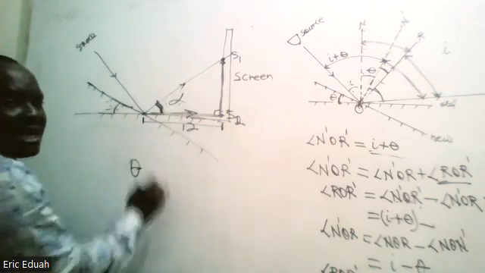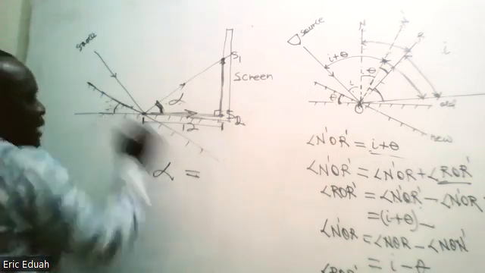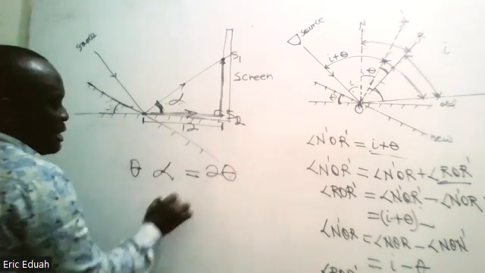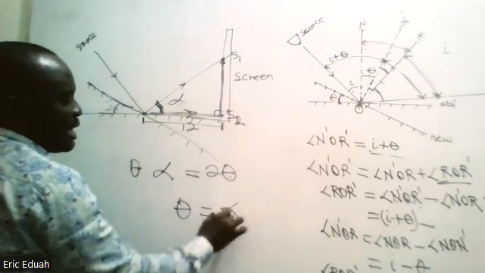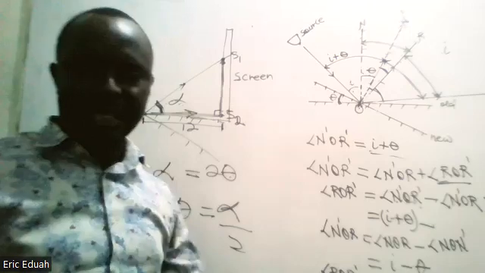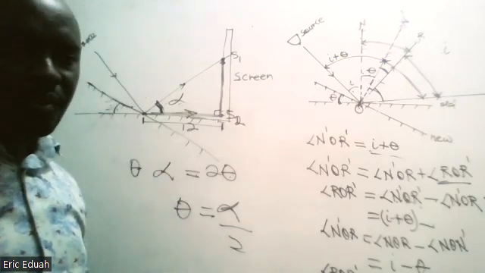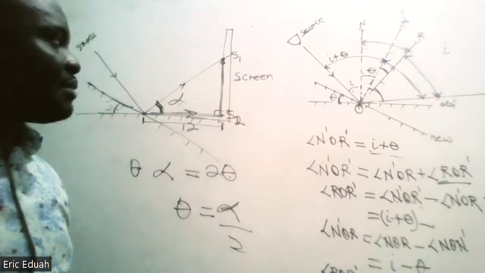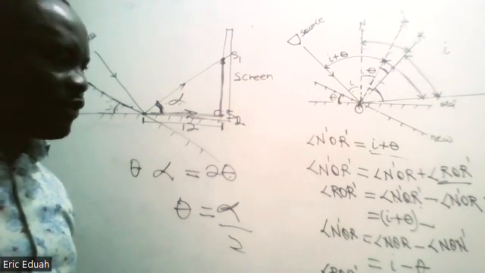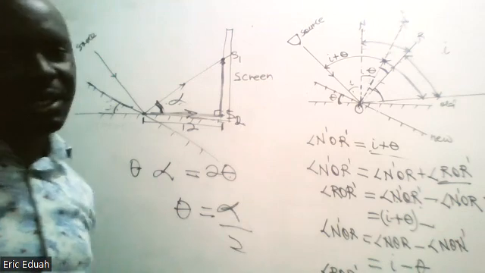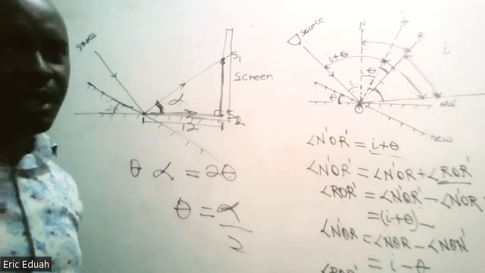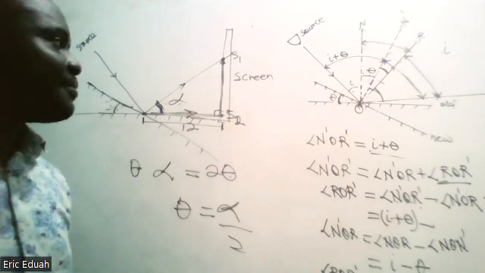You know that this angle alpha is always twice theta. So if you are given this to determine this, just make theta the subject, alpha over 2. That's it. So the concept isn't difficult, so is the application. I'll look for similar questions on this and then give it to you for the week. All right.